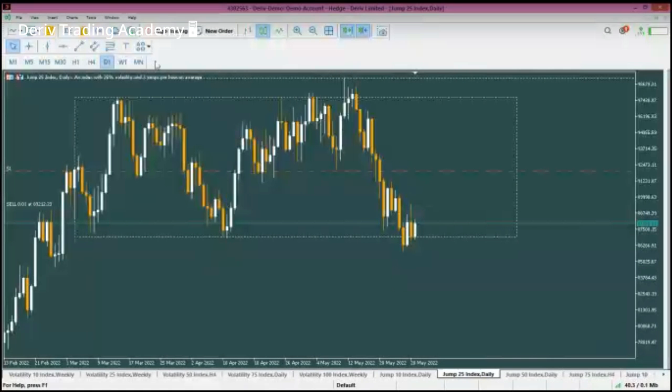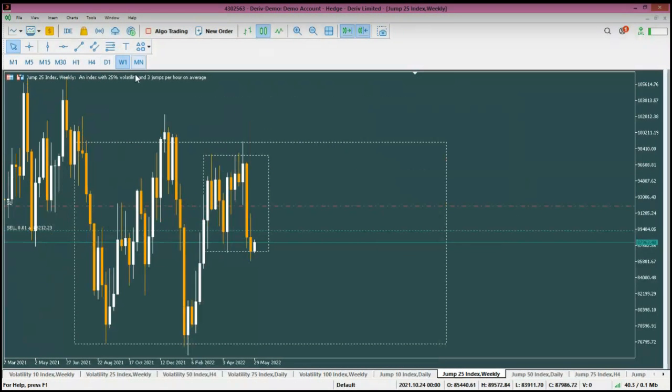And even now, looking at our weekly candlestick, you can see that last week the sellers were in control, but when this candlestick closed here, it showed that the sellers lost the strength there. They were not having that much power.